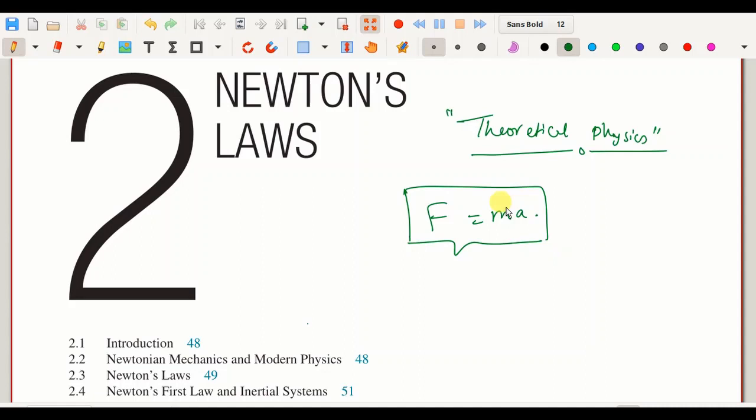So this is our goal: to study Newton's laws of motion from a very different point of view, more based on the theoretical version. Then you will later realize, oh, this was the mistake and we should study it like this, and then we can really ask the relevant questions.